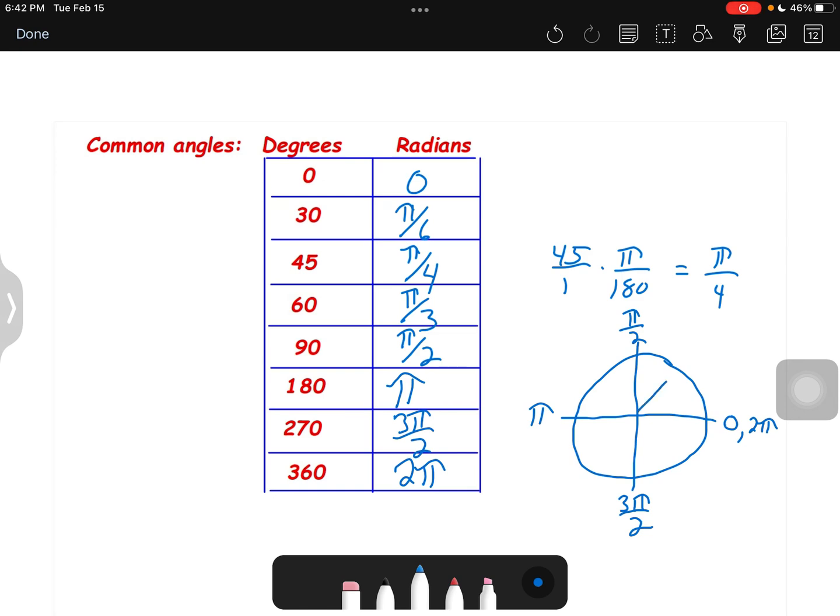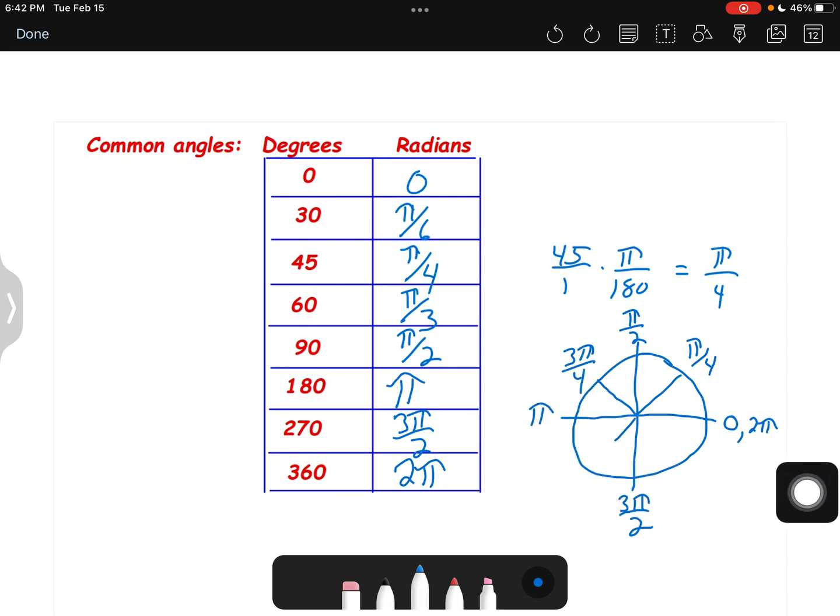Now, if we were to split this into our 45-degree angles, so 45 we said was pi over 4, right? And then if I go another 45, that's 2 pi over 4, but 2 pi over 4 reduces down to pi over 2. If I go another 45 degrees at 135, that would be 3 pi over 4. And then another 45 degrees is at 180, so that's like 4 pi over 4.